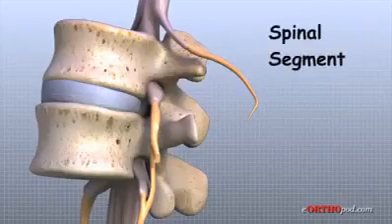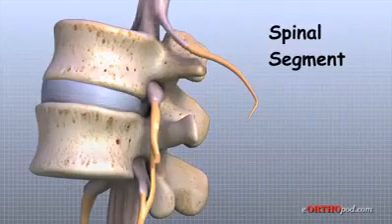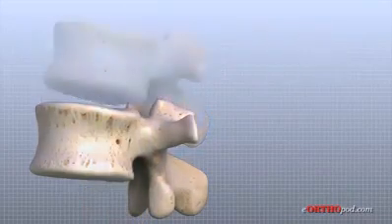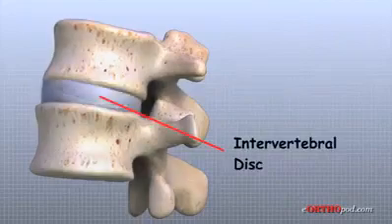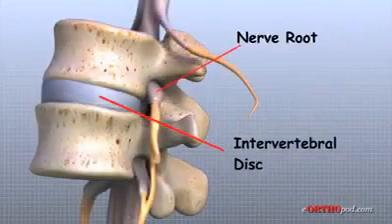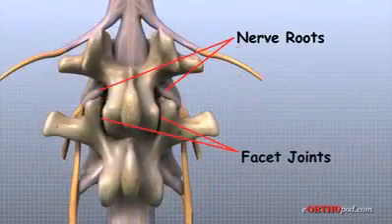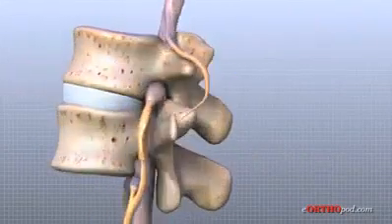It is sometimes easier to understand what happens in the spine by looking at a single spinal segment. The spinal segment includes 2 vertebrae, the intervertebral disc between, the 2 nerve roots that leave the spinal cord at that level, and the small facet joints that link each level of the spinal column. An intervertebral disc is made up of 2 parts.